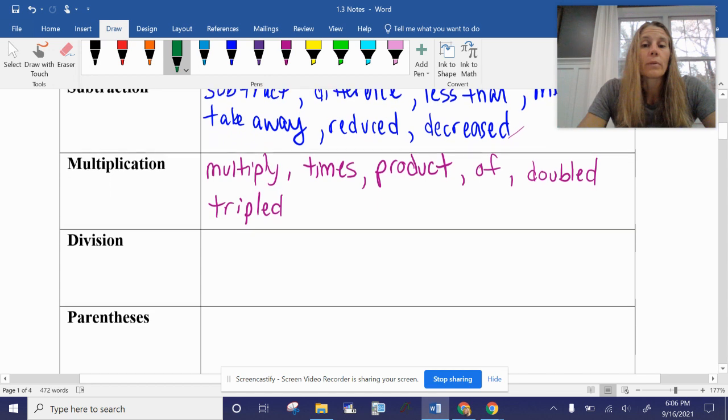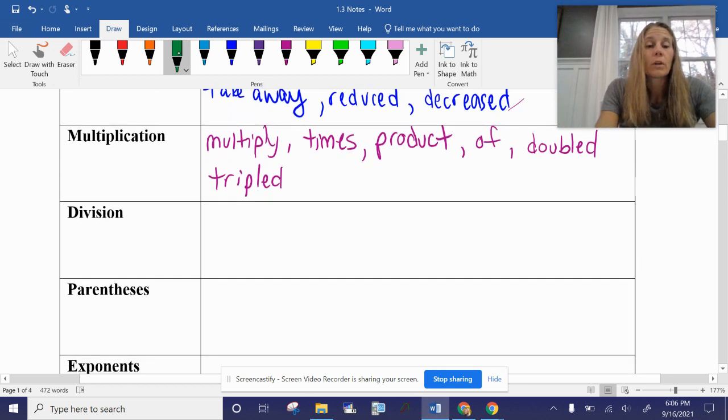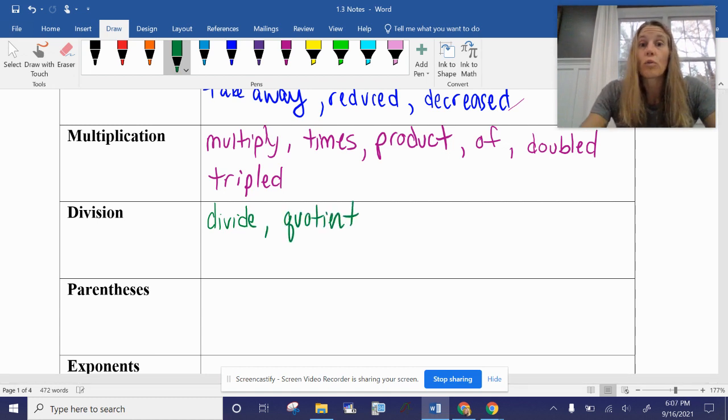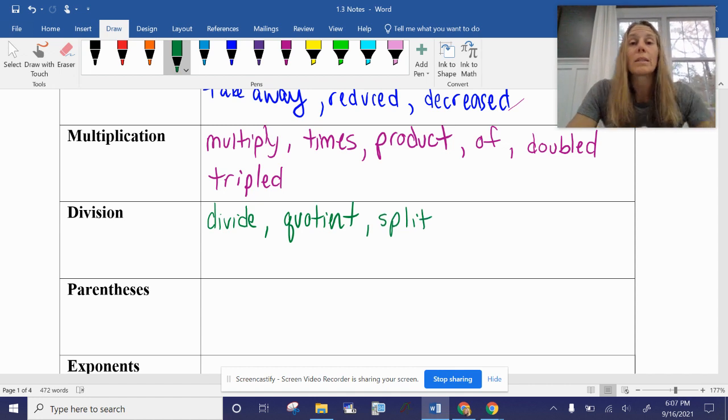Okay, then let's talk about some division terms. So, of course, we have divide. The word that indicates that division has to happen is quotient. And some other words that you might see would be if you're going to split something amongst 4 people or something to that effect.